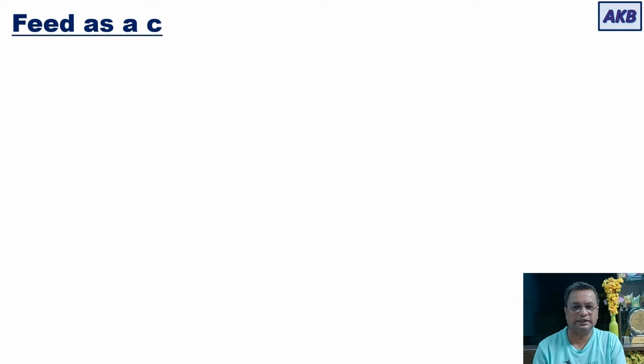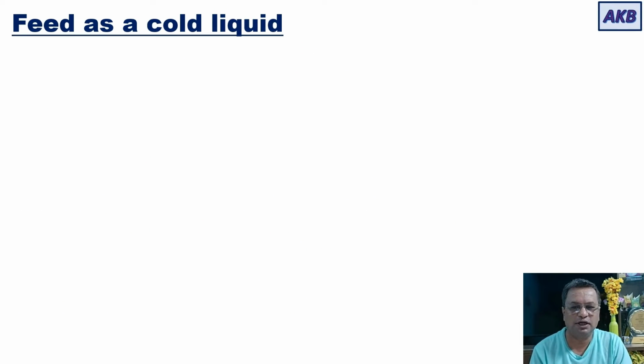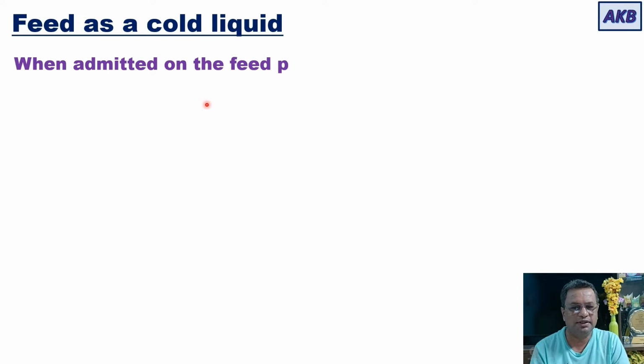Okay, so first let us know what will be the value of Q for cold liquid, if the feed admitted to the column is a cold liquid. So when cold liquid is admitted on the feed plate, by cold liquid we mean the feed will be at a temperature that is well below the bubble point of the feed.